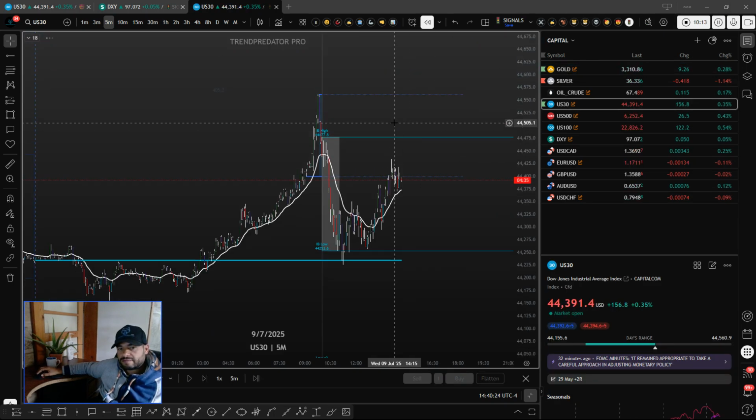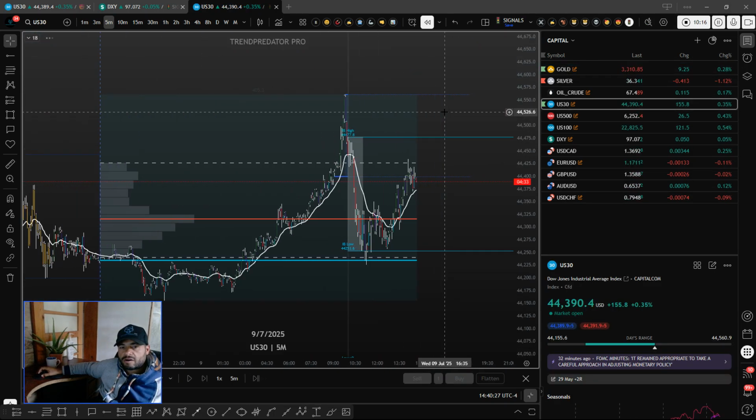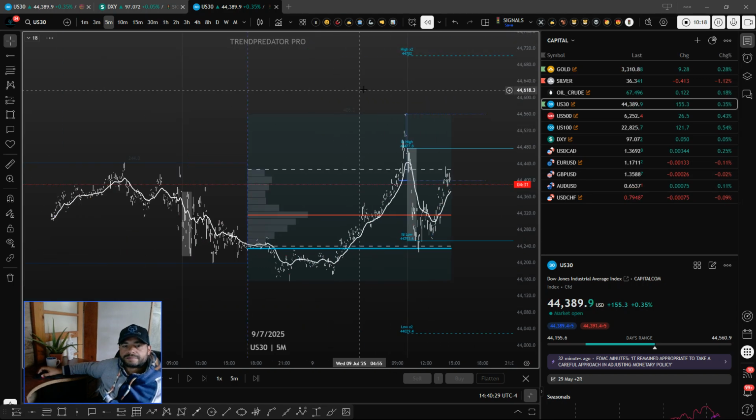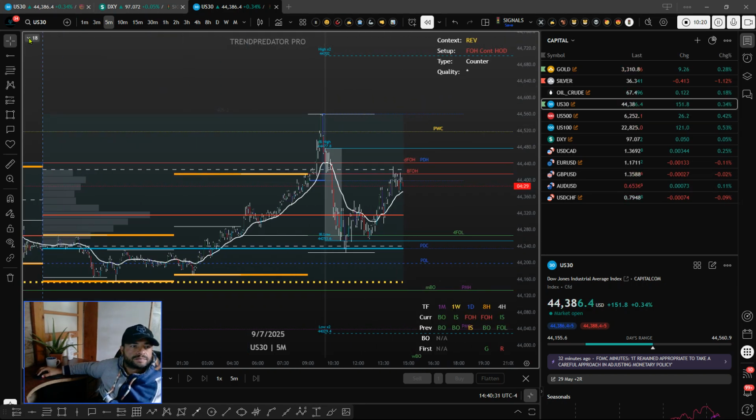Now I'm kicking myself with the US 30 because there was a beautiful trade setup which I wasn't able to grab.